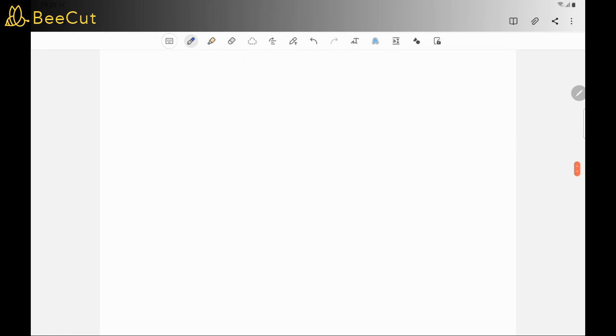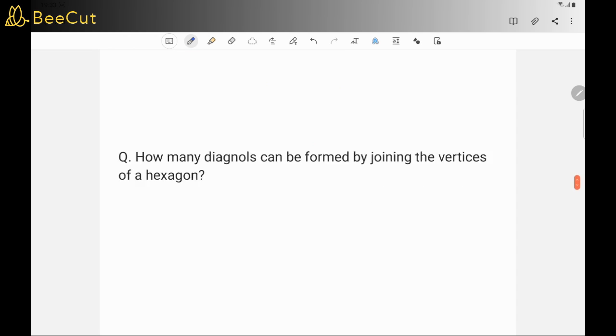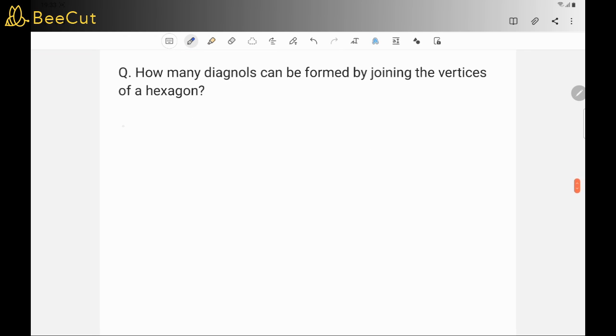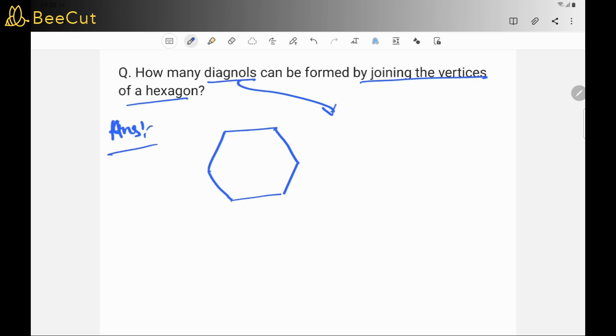Now let us look at another question. Now this question says: how many diagonals can be formed by joining the vertices of a hexagon? So in a hexagon, in order to form a diagonal, we need to join 2 points.